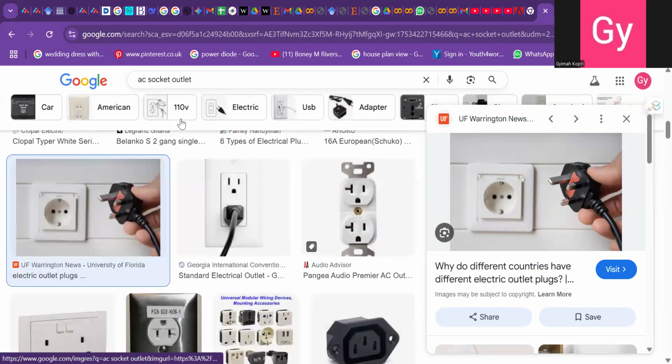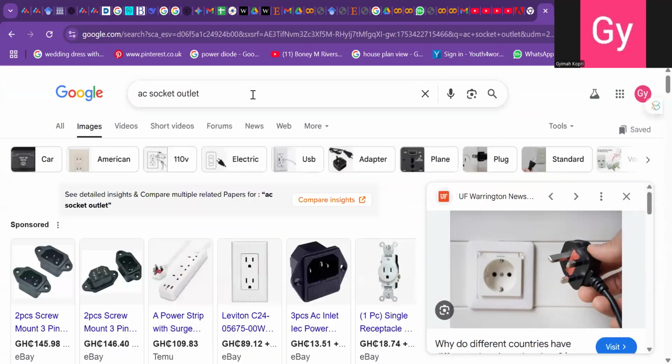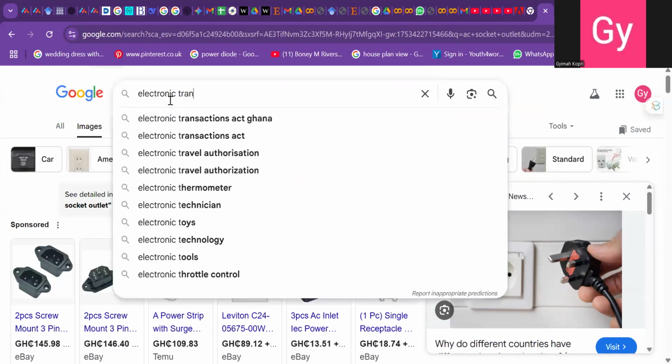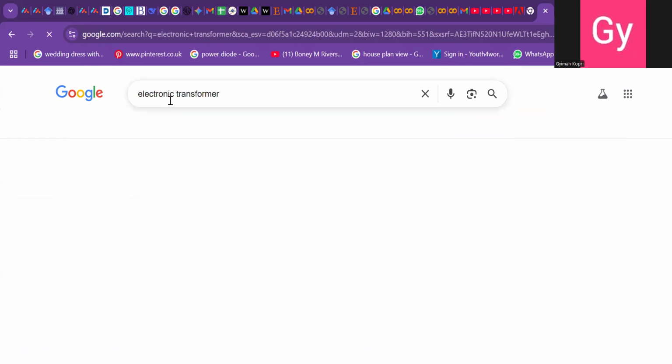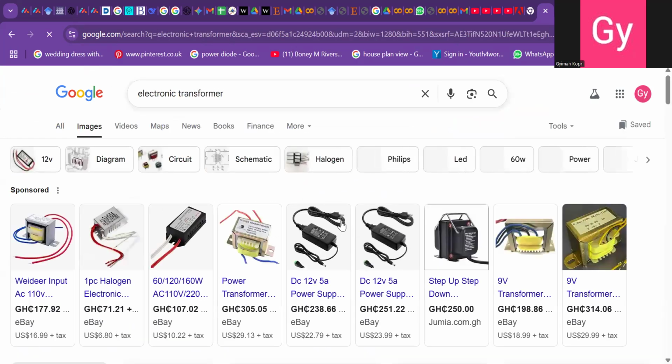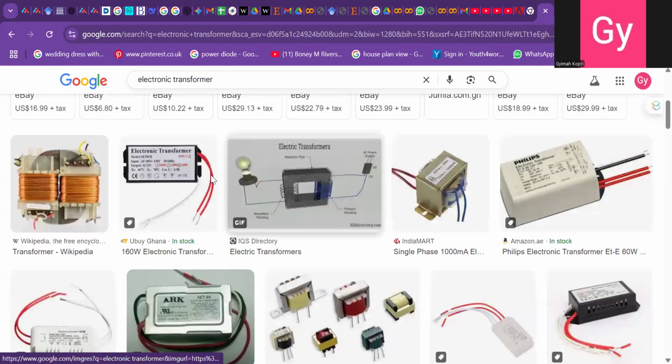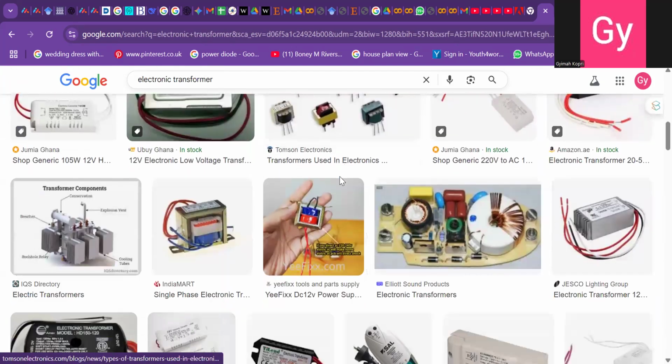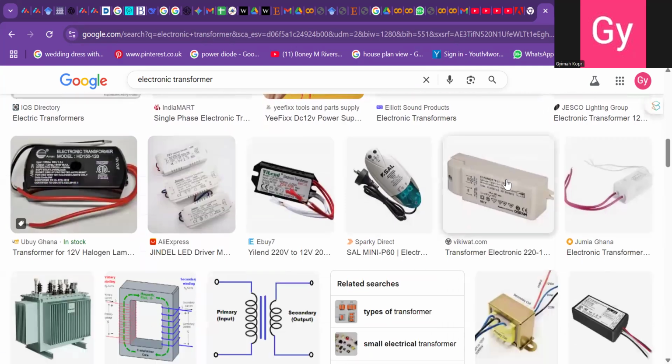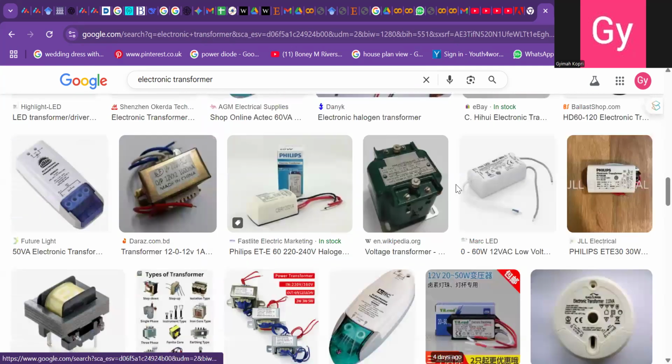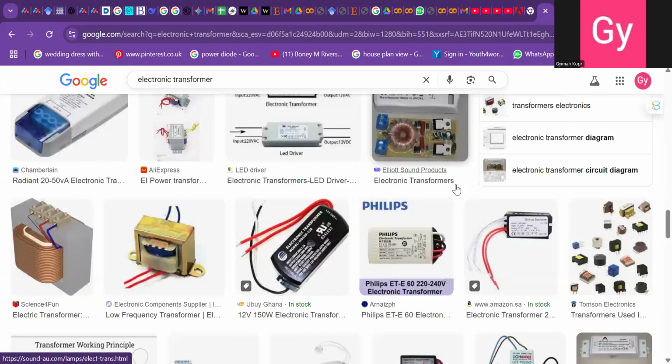The day I told you that first of all, when the power is taken, it passes through a transformer. So let's see an electronic transformer. An electronic transformer looks like this. These are what you see always in that power supply unit, the adapter. But there's another version of transformer which you see in town.